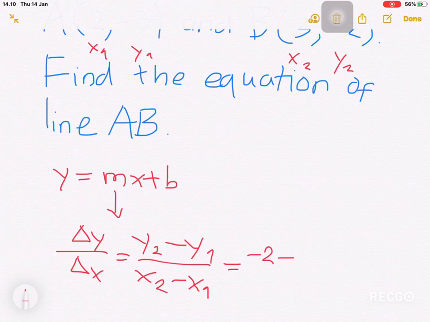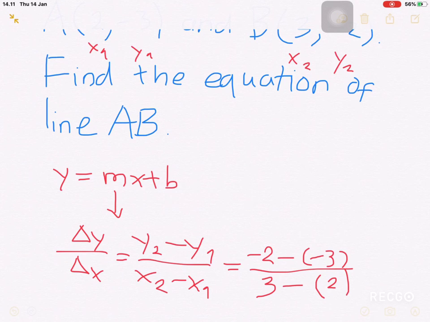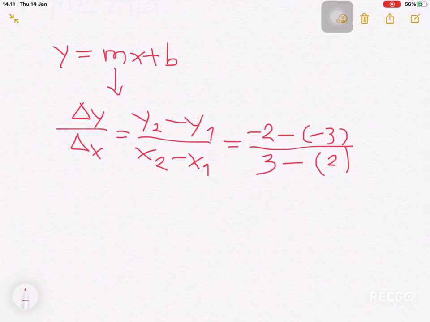Alright, y1 value is -3, and this is all over x2, 3, which is 3, and minus x1, which is 2. And let's see if I did anything wrong right there. Looks like I don't. Okay, so we can just quickly evaluate this, and we'll get our gradient of 1.